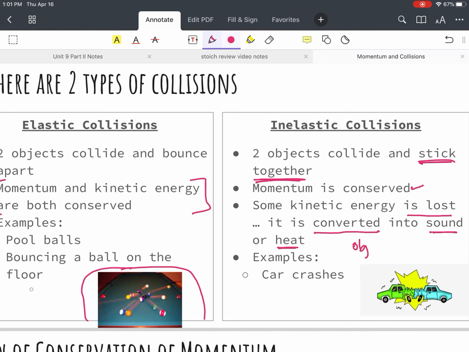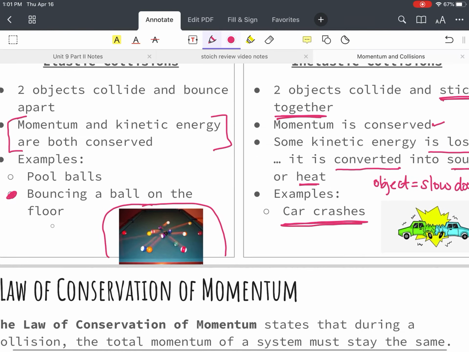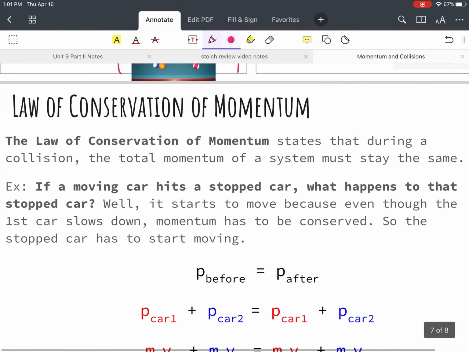A lot of times what we're going to see is that our objects after the collision are going to slow down, because they're losing that speed to heat and sound. This makes sense with car crashes, right? If two cars collide, they run into each other, a lot of times they stick together, and then they slow down. They're losing some of that speed.